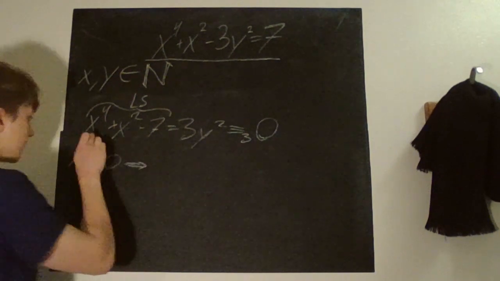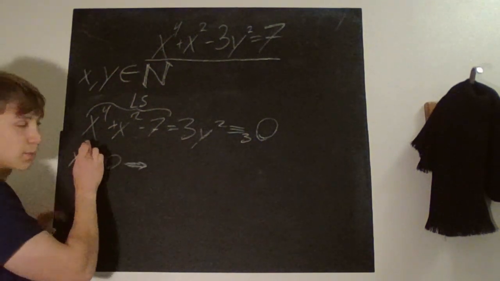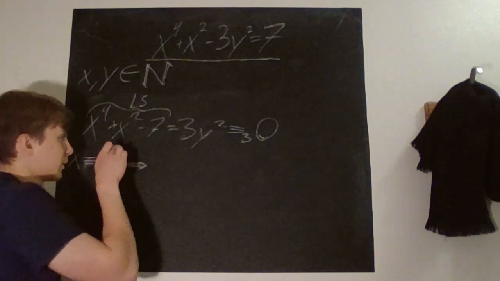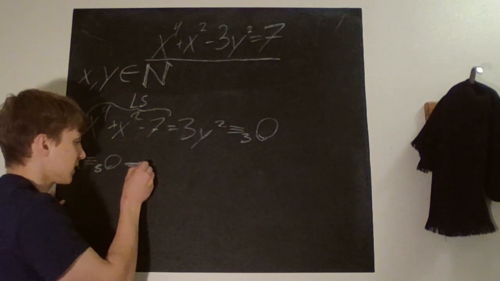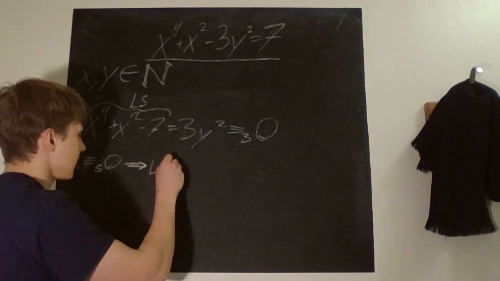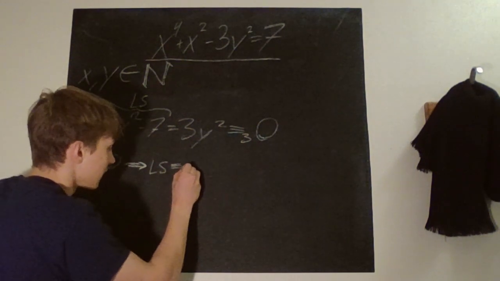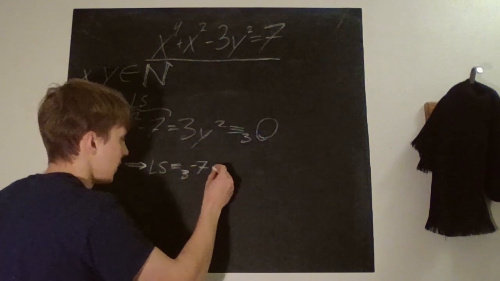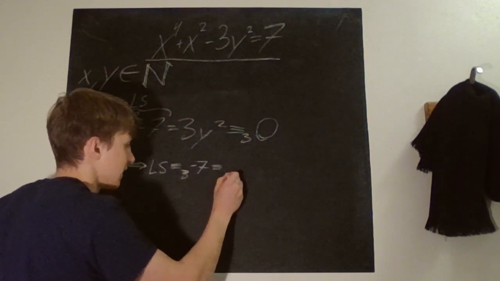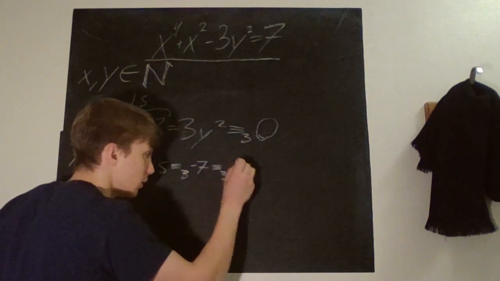So if x is divisible by 3, then what is x to the power of 4? Well, obviously divisible by 3, x squared also divisible by 3. So what we get left is the left-hand side modulo 3 is equal to minus 7, which in modulo 3 terms is the same as 2.